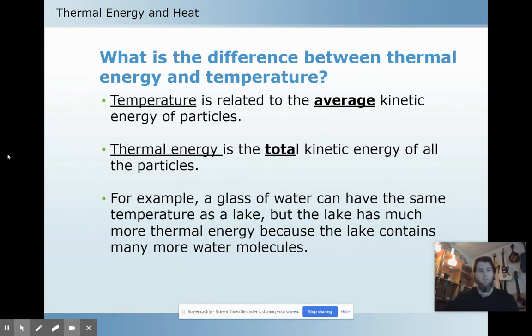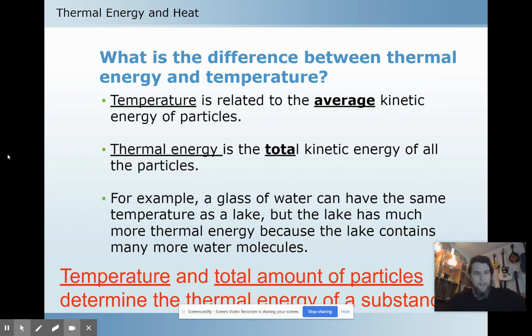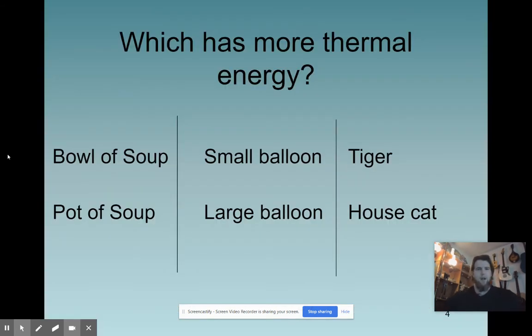That lake would have more thermal energy because it is much larger and has more water molecules. So we're not just looking at the average, now we're looking at the total. Temperature and the total amount of particles determine the thermal energy of a substance. So even though they're at the same temperature, since there are more water molecules in the lake, it will have a higher total energy.